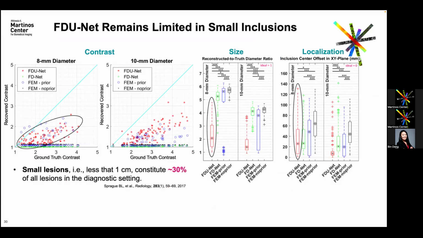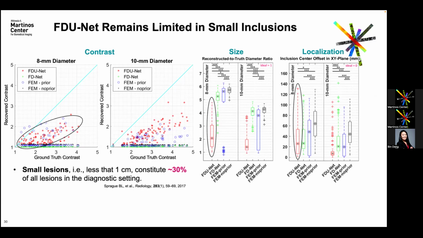Small lesions are quite important because about 30% of the lesions seen in the clinical diagnostic setting are less than 1 centimeter. So we have to address this in order for optical imaging to be adopted for clinical translation.